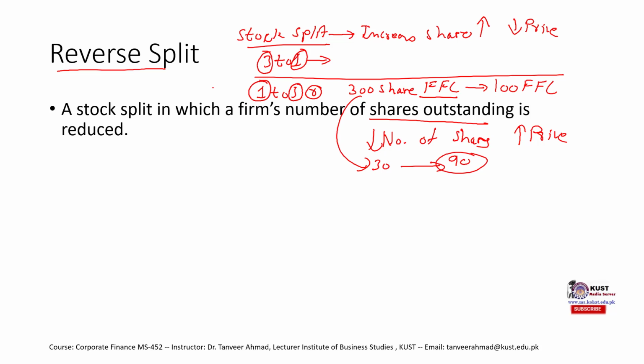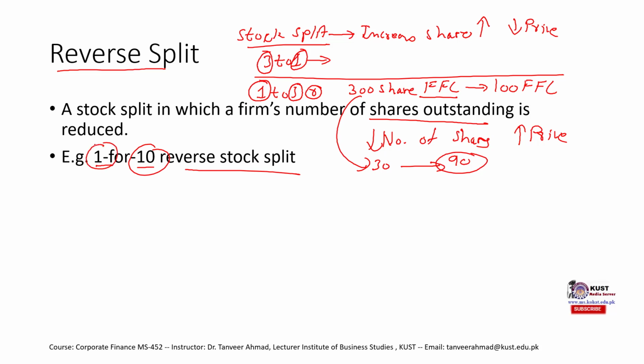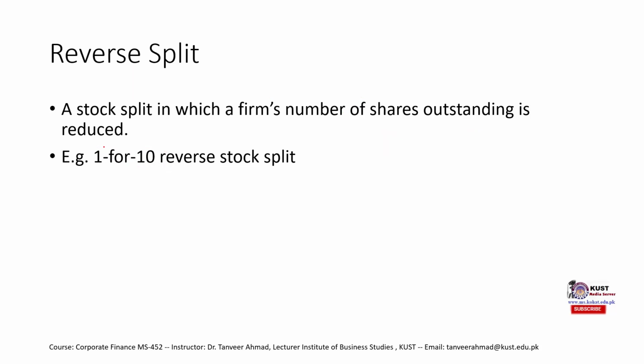Okay, so let's discuss certain scenarios. This is another example. 1 for 10 reverse split would mean any shareholder holding 10 shares previously would now be left with 1 share. The number of shares for the shareholder decreasing means that the number of outstanding shares for the firm would also decrease.